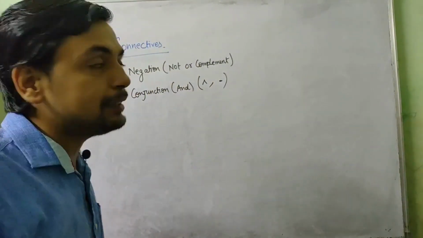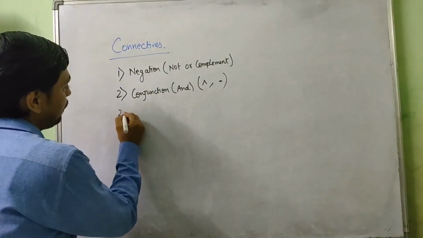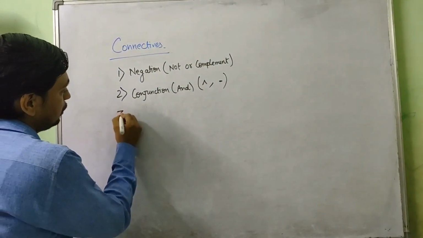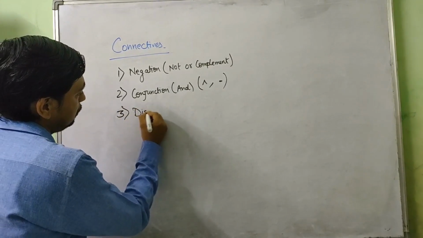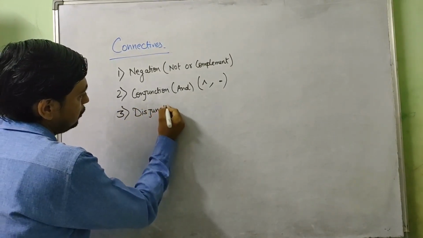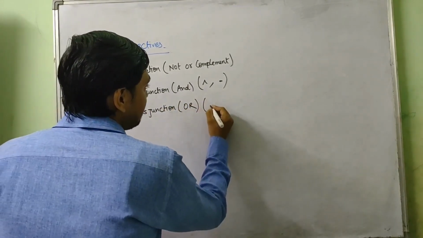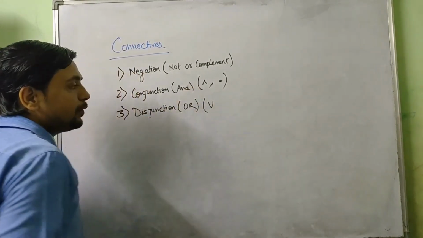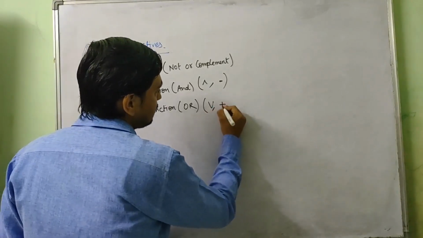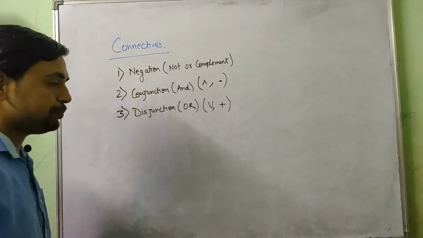So the next one is disjunction, also known as OR. It is represented by the reverse of the conjunction symbol, or plus. We can use any one of them.